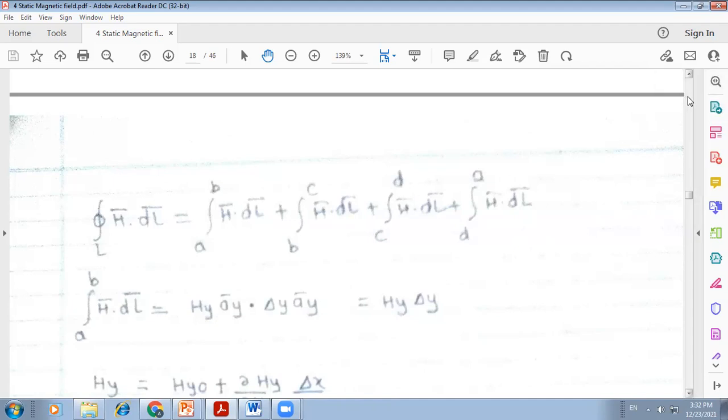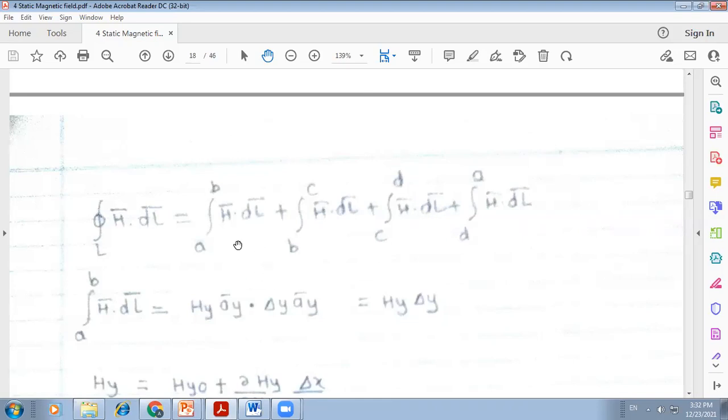There are 4 sides, and according to that we have to split this closed line integral of h bar dot dl bar. Then we have to find now one by one.